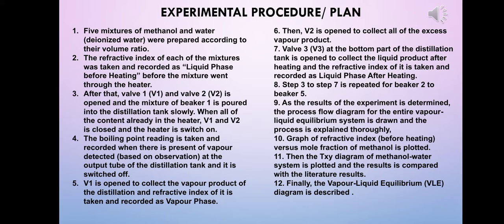Then the XY diagram of the methanol-water system is plotted, and the result is compared with the literature results. That is, the experimental result is compared with the theoretical or actual results. And finally, the vapor liquid equilibrium diagram is described.